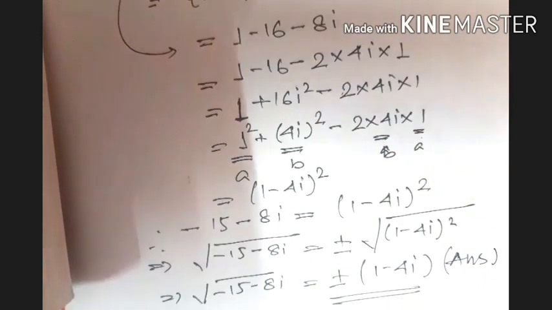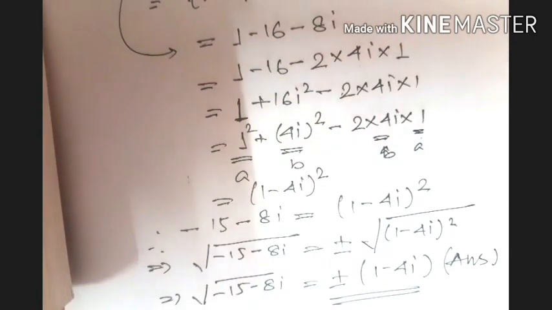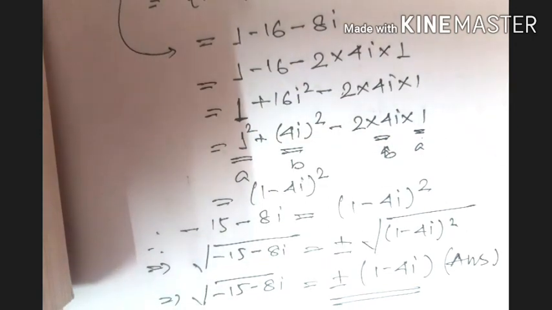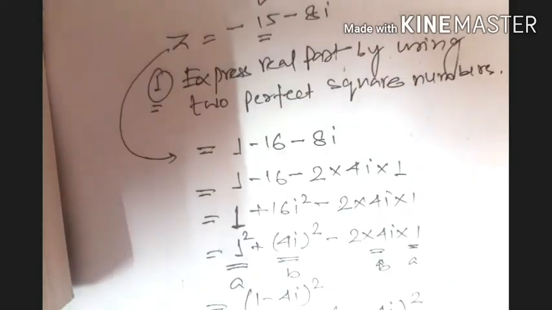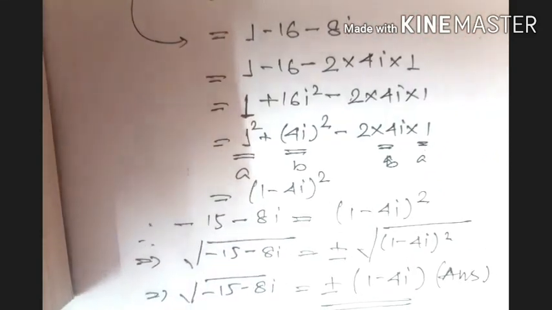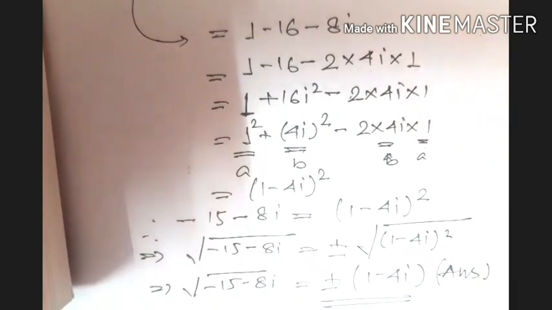You can see in the previous two methods we got the same answer. So by using these two formulas, a minus b whole square and a plus b whole square, we can also solve it instead of the descriptive method.